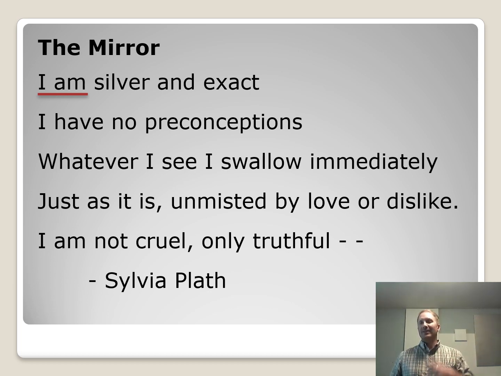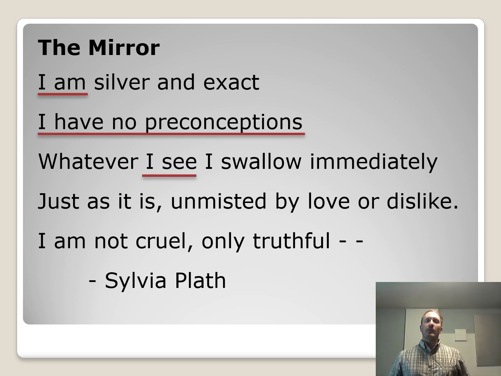Silver and exact, those are more qualities of the mirror, not really a personification there. So I would go back down to that second line. I have no preconceptions. Now, this whole line would be considered personification because, again, we have I, the mirror's talking, and having preconceptions is a very human emotion or thought process.